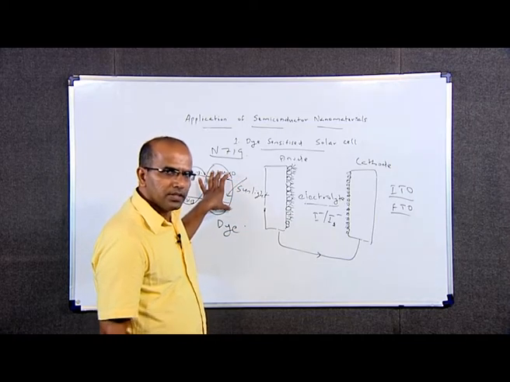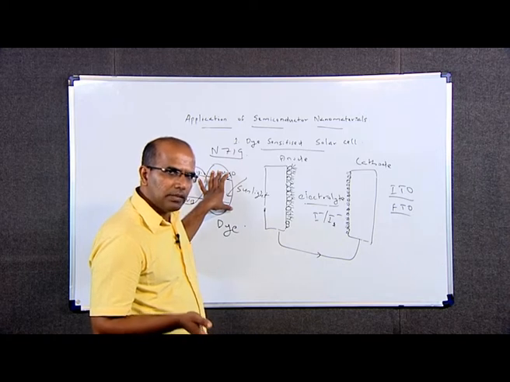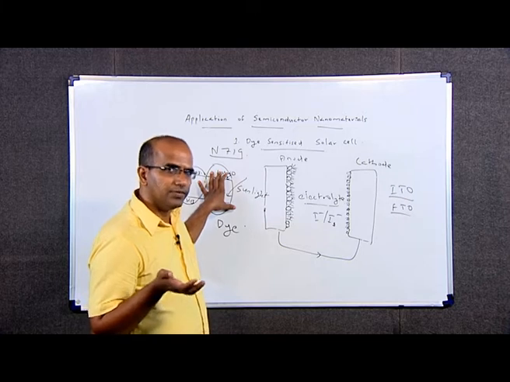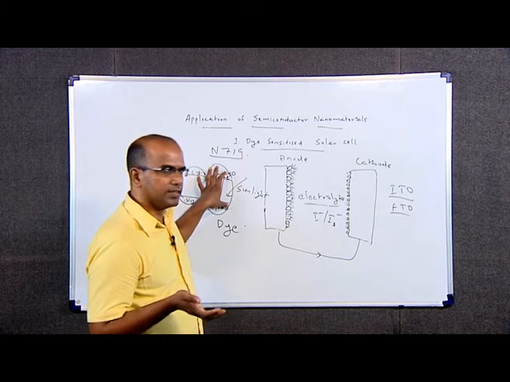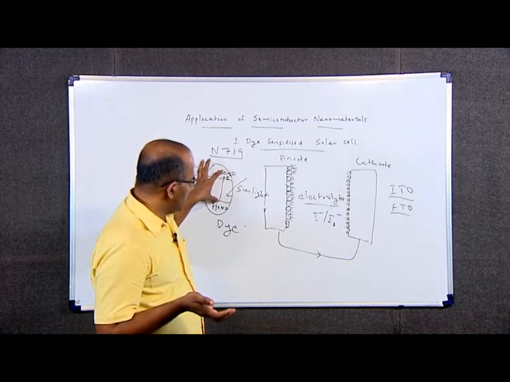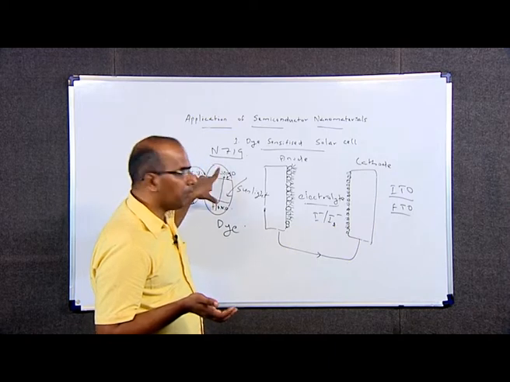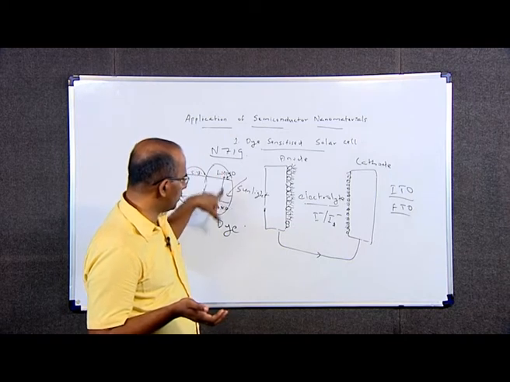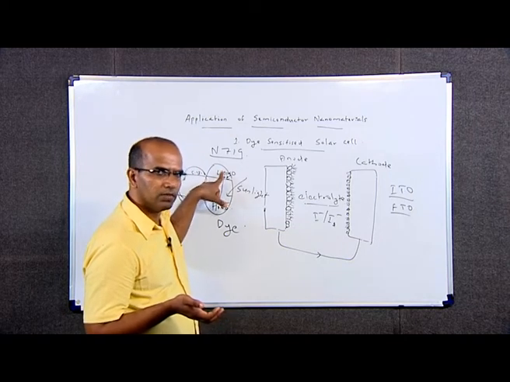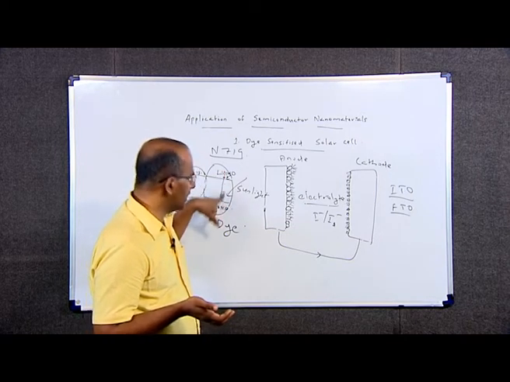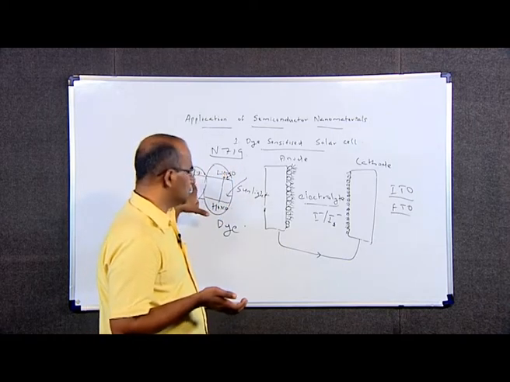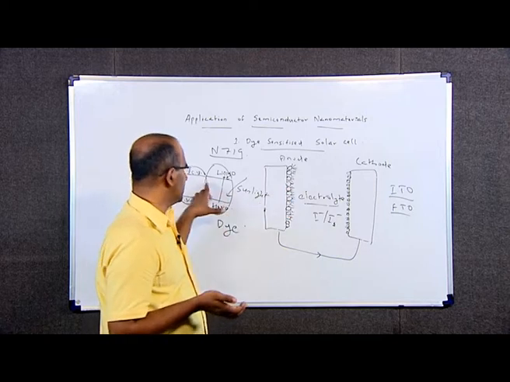All this happens in a very short time, for example femtoseconds, 10 raised to minus 15 second. It can immediately come back, because when the electron moves from HOMO to the LUMO, it becomes unstable and immediately comes back. But before it comes back, it should go to the semiconducting oxide.